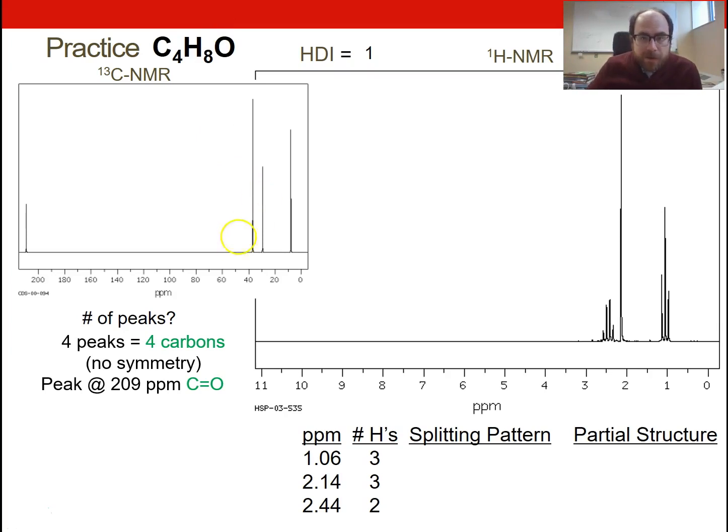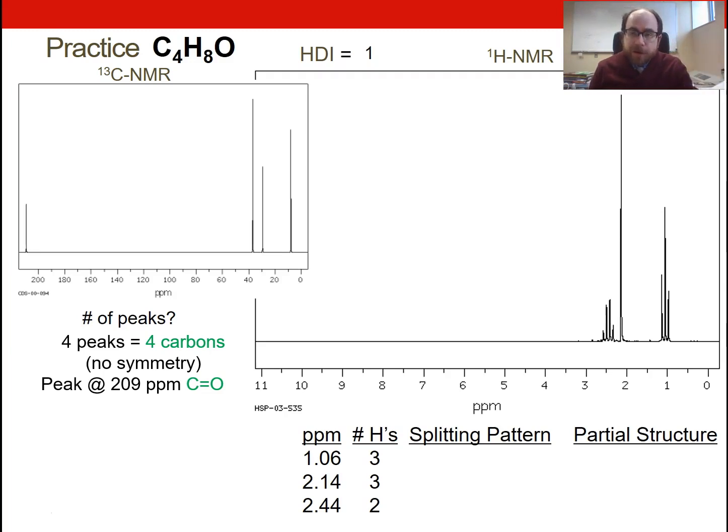The rest of the carbons here are closer to 0, so fall in that saturated region. And again, that makes sense. We've utilized our pi bond, and the remaining atoms that we have are carbon and hydrogen. So that's about the most information that we're going to get out of our carbon NMR.